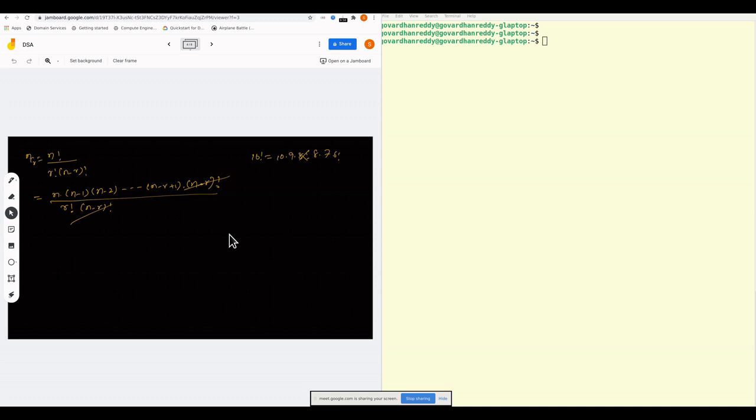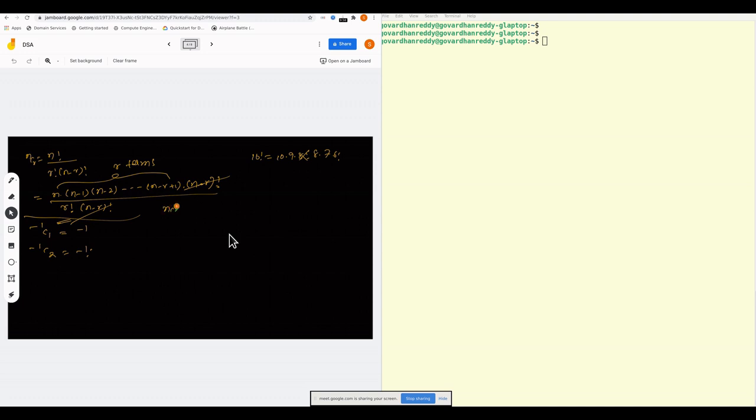So you will have r terms here, and r terms in the denominator as well, 1 into 2 into 3, and so on, up to r. This can be used to compute the negative values. So minus 1 C 1 is minus 1, and minus 1 C 2 is equal to minus 1 into n.